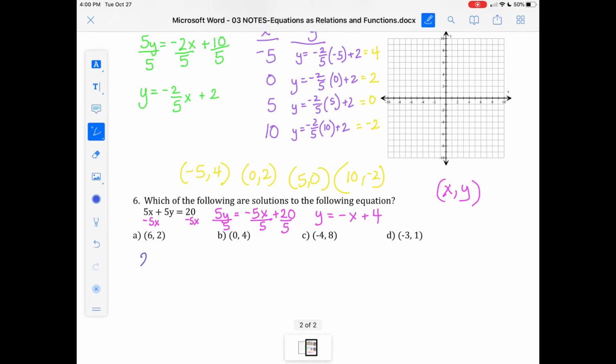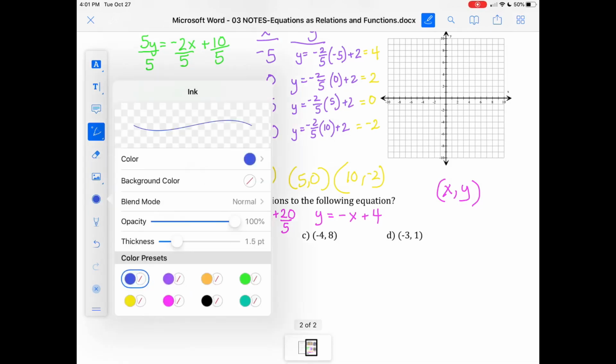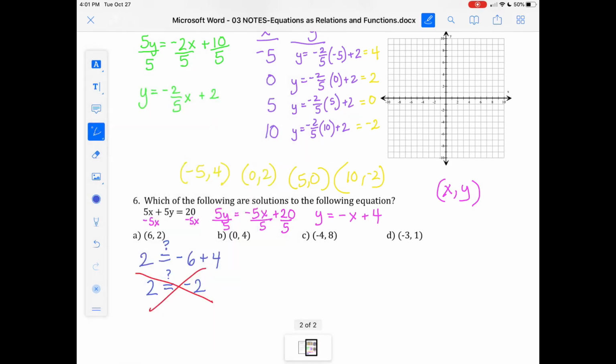For example, the first one would read, is 2 equal to negative 6 plus 4? I'm plugging in 2 for y and 6 for x. Is 2 equal to negative 2? No, so that is not a solution.